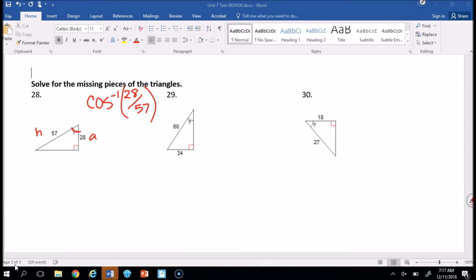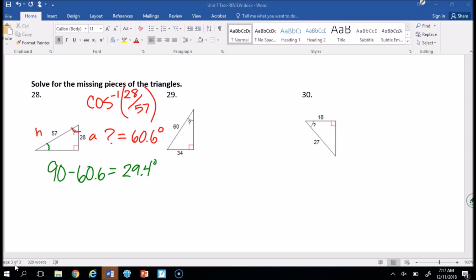It tells us that this angle that we're looking for, this question mark angle, is equal to 60.6 degrees. Now we could find our other angle in here, this angle down here, by just subtracting the 60.6 from 90. So 90 minus 60.6 is equal to 29.4 degrees.